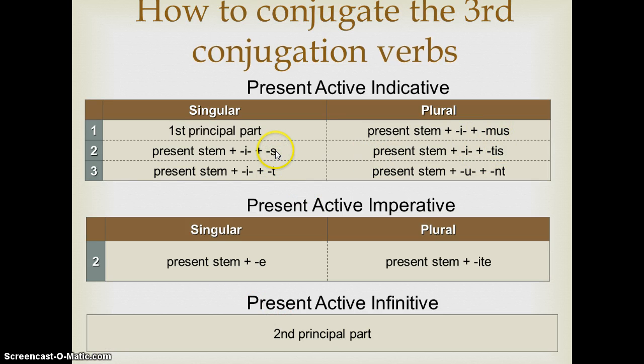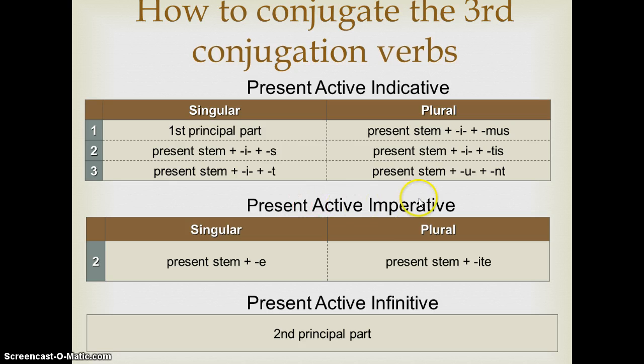Now, the personal endings are exactly what you expect them to be from the first two conjugations. It's s, t, mus, tis, nt, okay? The only thing you need to look out for is that here in the present active indicative, the third person plural does not have an I before the personal ending nt, it has a U, okay? So, is, it, imus, itis, unt, okay?